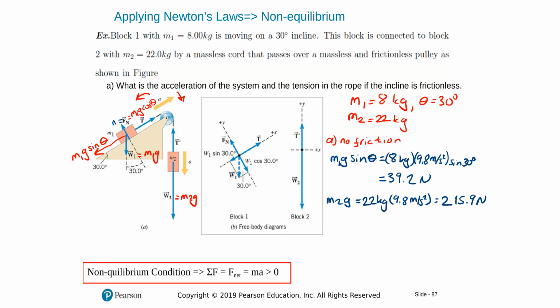So I'm going to erase this now. The system, I decided that the system moves in the other direction. I erased too much. Alright. Okay, now this is my positive direction. Down is positive on the right side where I have M2, and on the incline up is positive.